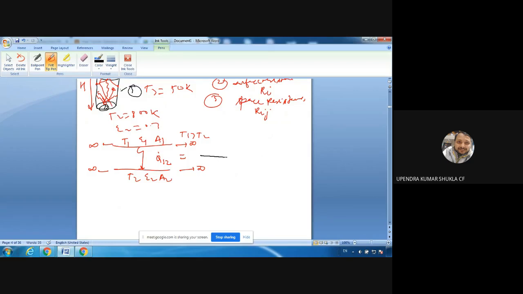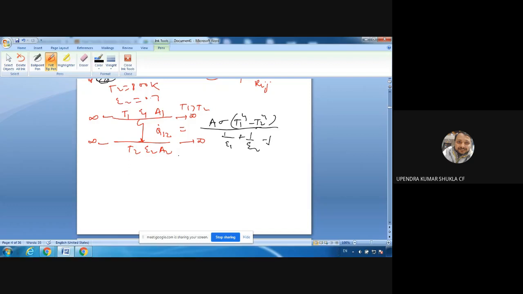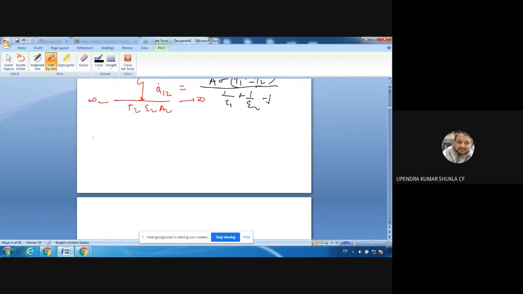Q1 dot is equal to A sigma (T1 to the power 4 minus T2 to the power 4) divided by (1 upon epsilon 1 plus 1 upon epsilon 2 minus 1), where the area of both parallel surfaces is equal to A. This is the expression for radiative heat. This is case 1. I am first writing the result, and then I will explain how you get these results. First I want to give you confidence about the kind of problem you are going to face.